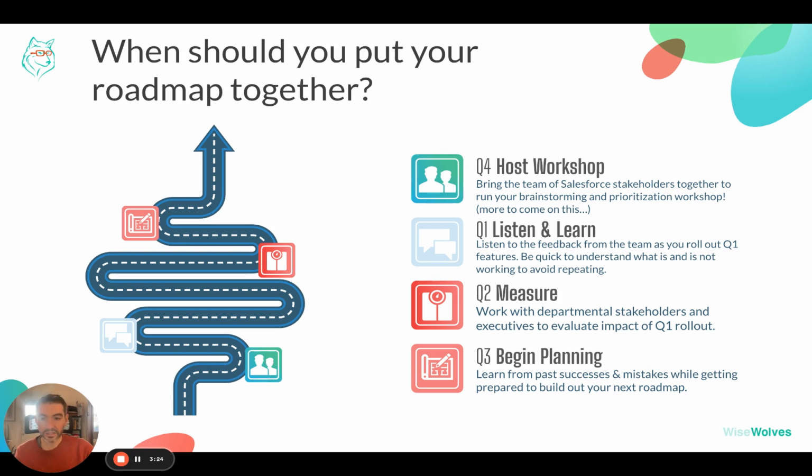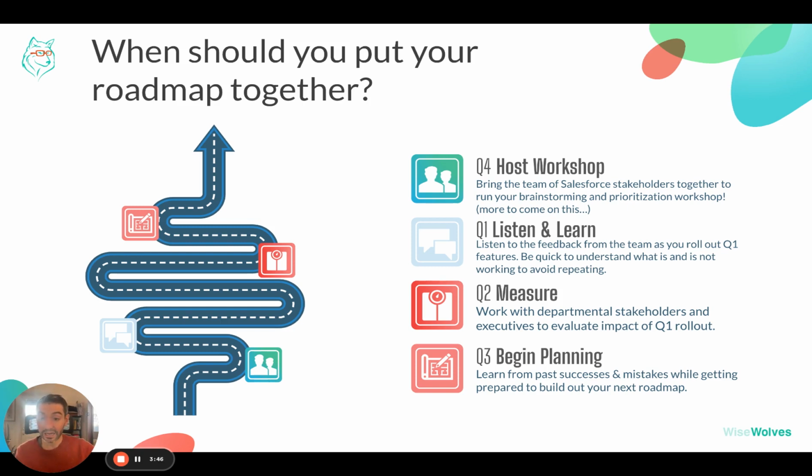Q1, listen and learn. React quickly to ensure that if there are changes you need to make to the roadmap or the personnel, you make those in Q1 to avoid that impacting the balance of your progress throughout the rest of your year-long roadmap. Measure, understand what are the things that you need to do, what are the things that you need to change in order to hit major KPIs.